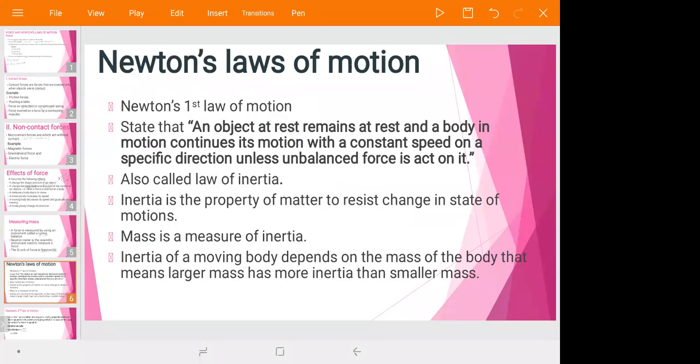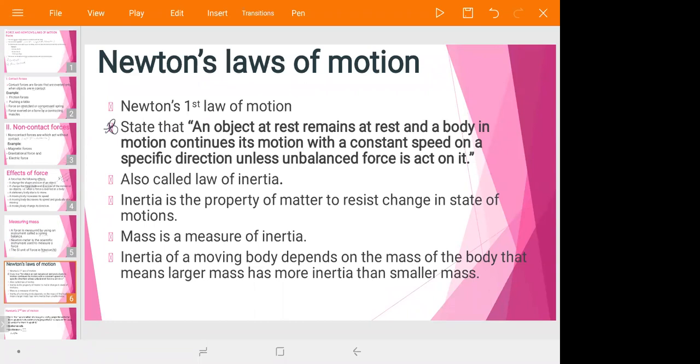So, Newton's first law of motion states that an object at rest remains at rest, and a body in motion continues its motion with a constant speed in a specific direction, unless an unbalanced force or net force acts on it.